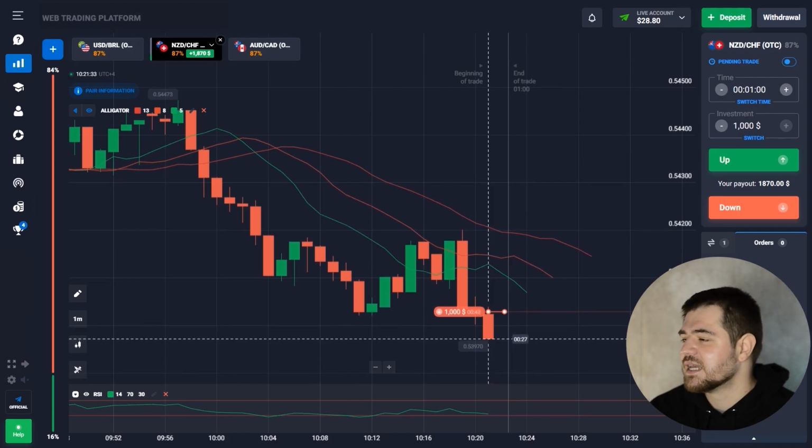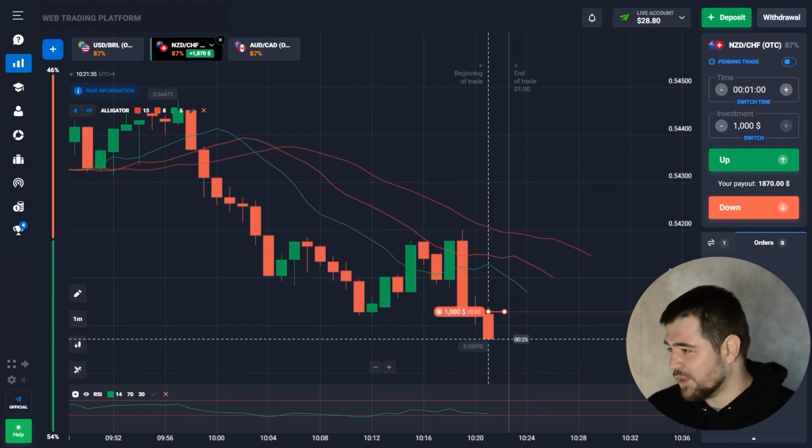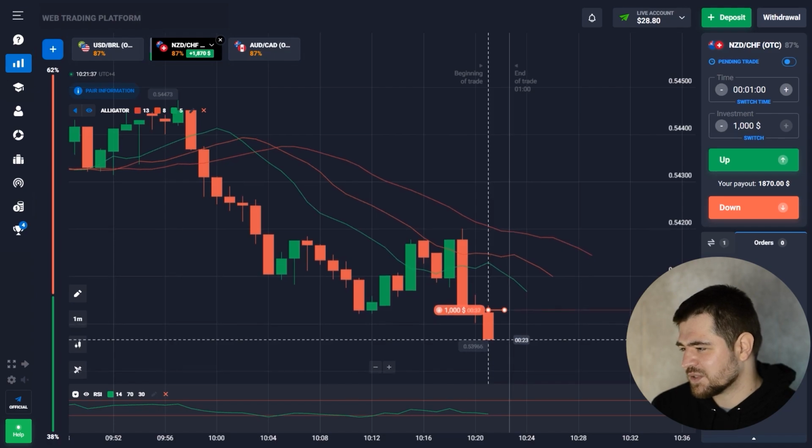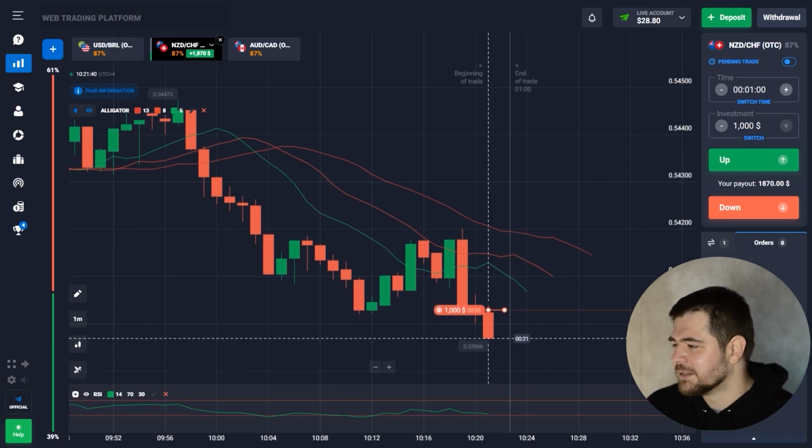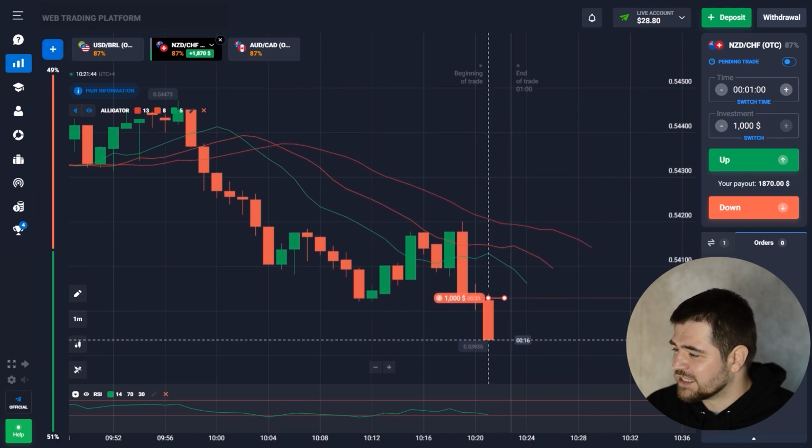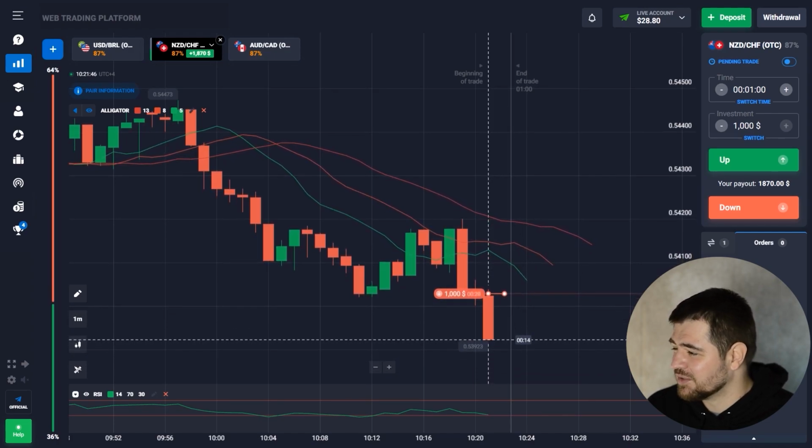In this case I went with the trend, right? Because we're entering this zone of oversold, when the price is really low.